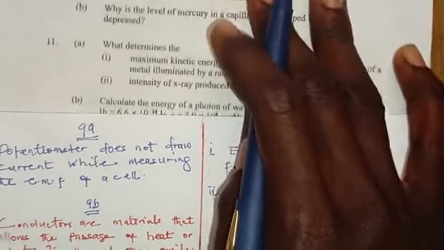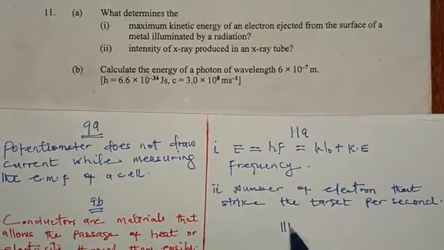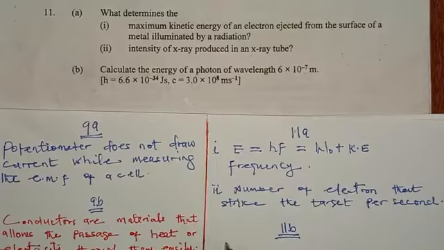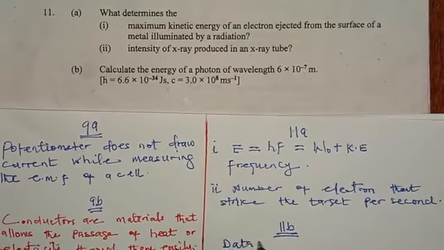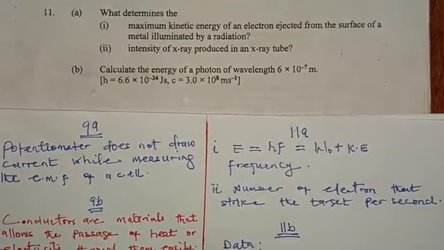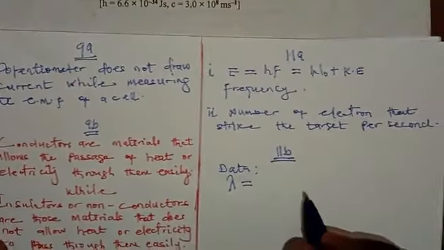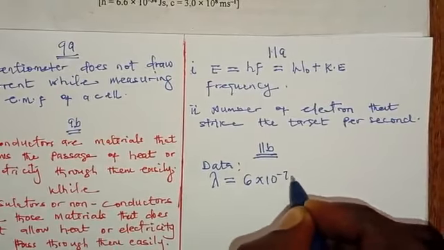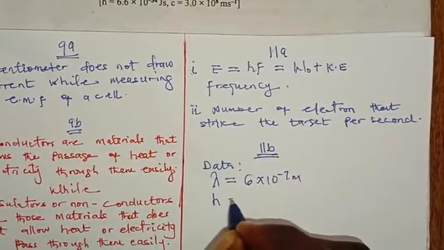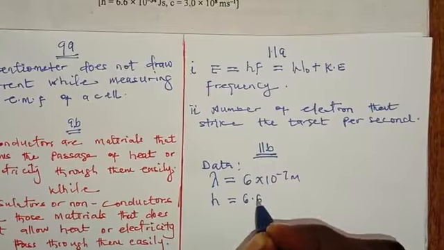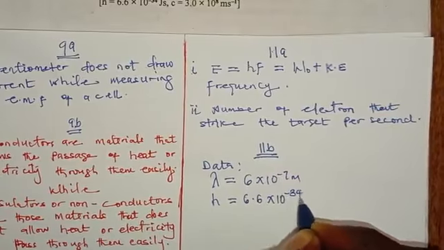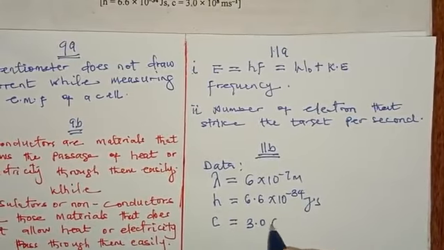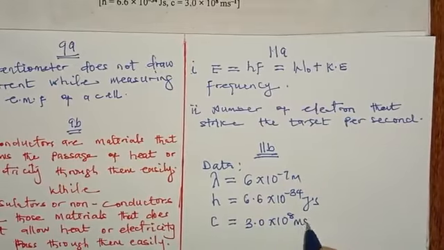So 11b says calculate the energy of a photon of wavelength lambda, given that wavelength lambda is 6 times 10 raised to power minus 7 meter, Planck constant H is 6.6 times 10 raised to power minus 34 joule second, and C is given to be 3.0 times 10 raised to power 8 meter per second.